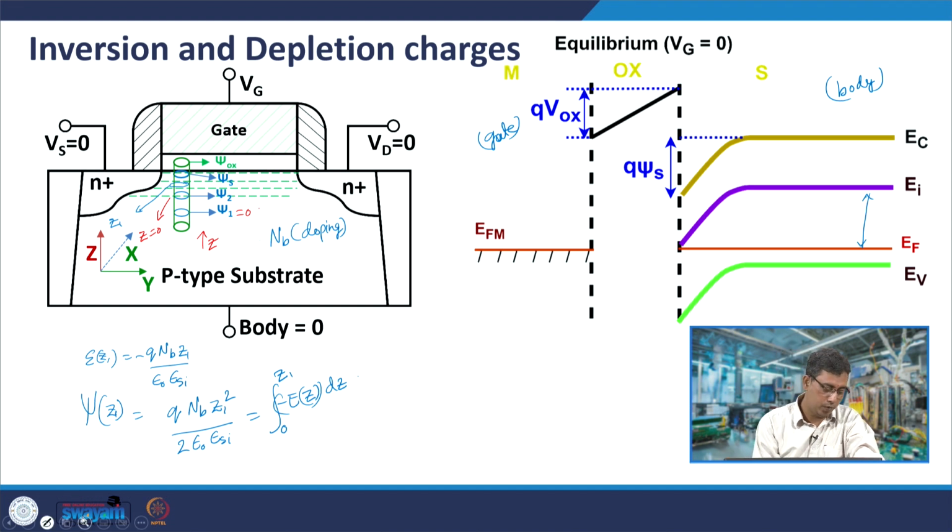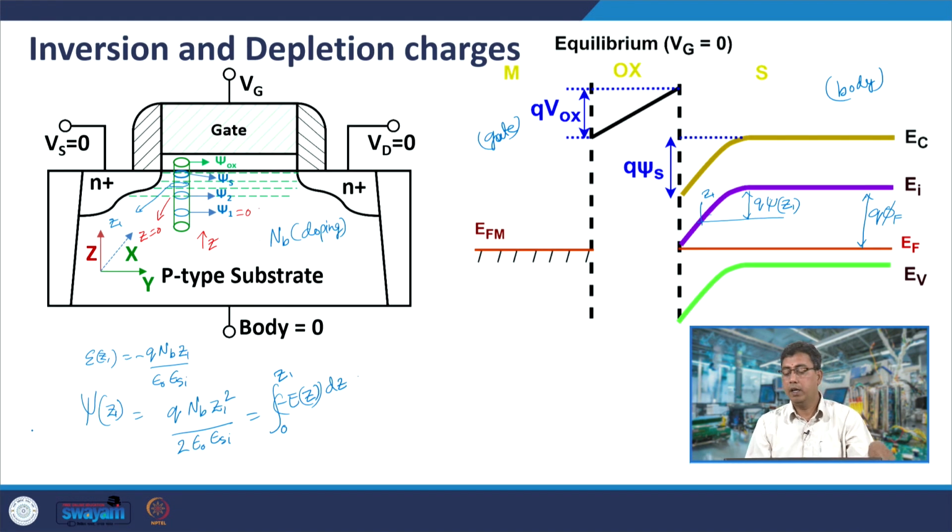So, let us call this difference q phi f. And at this point, let this be our point z1, this is q chi of z1.